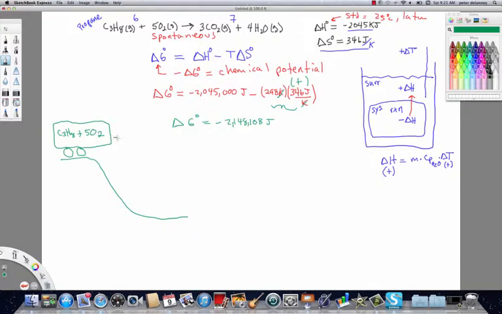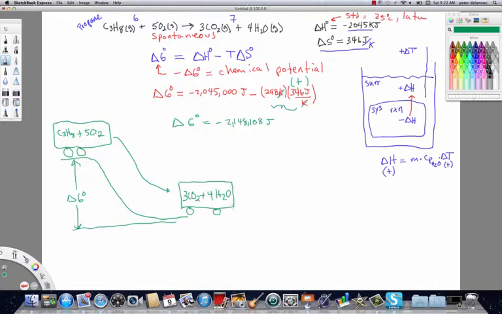If we nudge the car to the edge of the hill, common sense dictates that it's going to roll down without any outside intervention. And at the bottom of the hill are going to be our reaction products, 3 CO2s plus 4 H2Os. This difference in here is this value right there. That's what this number means: this reaction is going to happen unhindered, without an outside intervention.